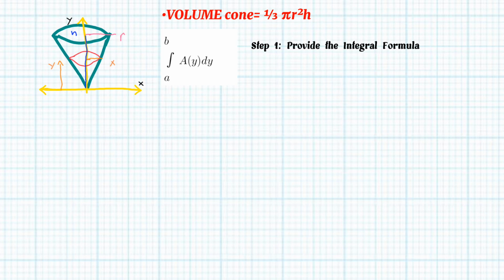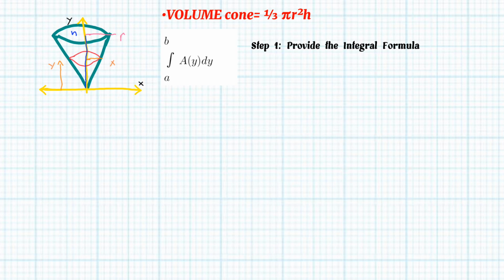A of y is the area of our cross section of the cone, located at the middle of our cone. You might be wondering why we integrate with respect to the y-axis instead of x. It's because our cross section is on the y-axis, so it is easier to integrate with respect to the y-axis.